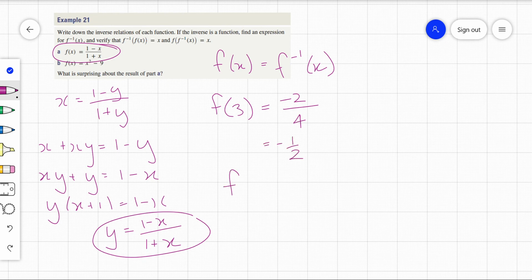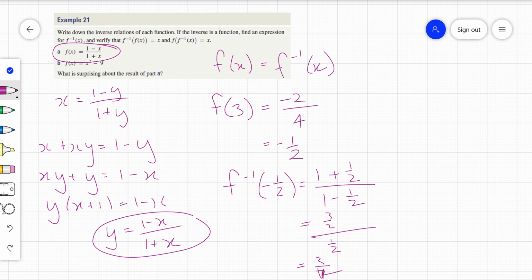And then if I put negative a half in the inverse function, I'm doing 1 minus minus a half on 1 plus minus a half. So I'm getting 3 on 2 at the top, and I'm getting a half on the bottom, which is 3 on 1, which equals 3. And you can see we get back to the original.